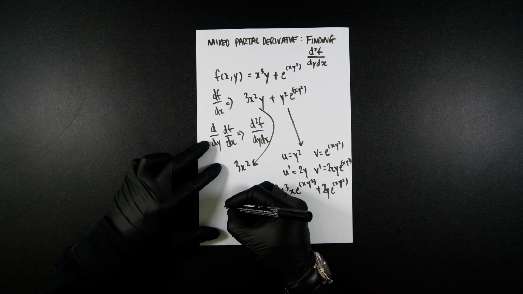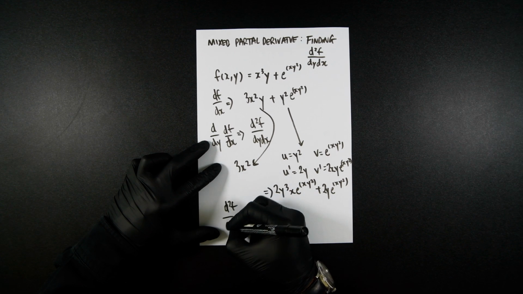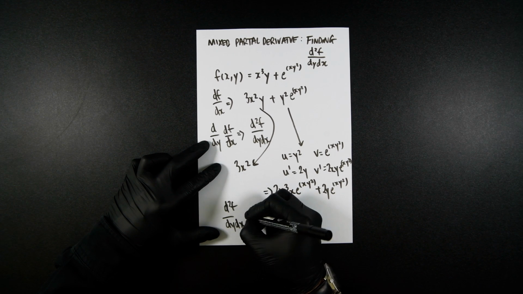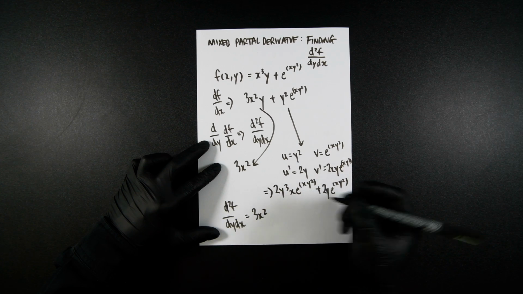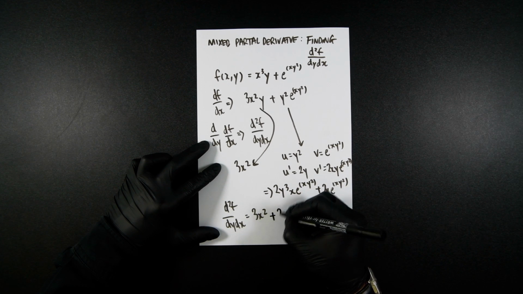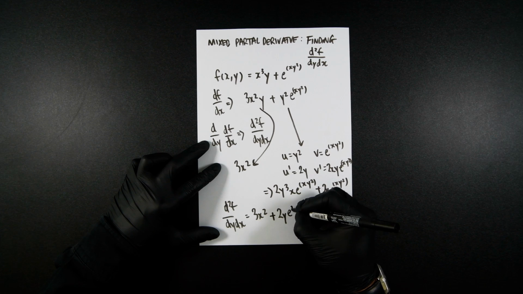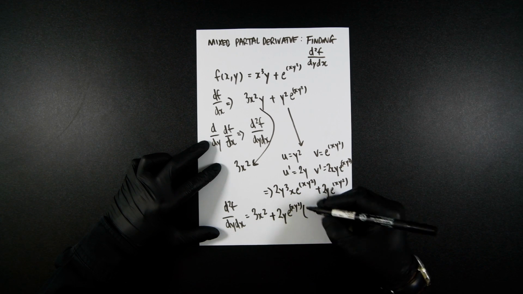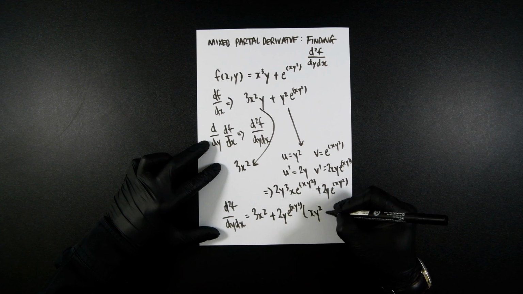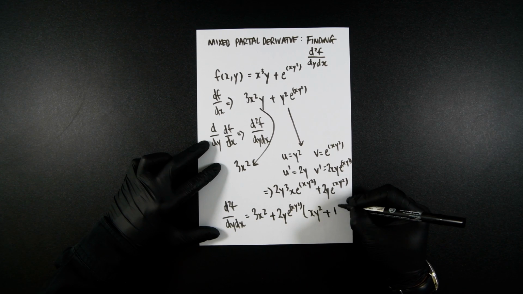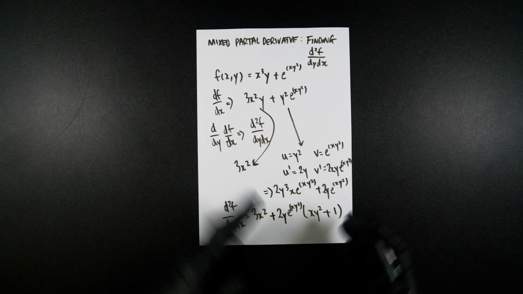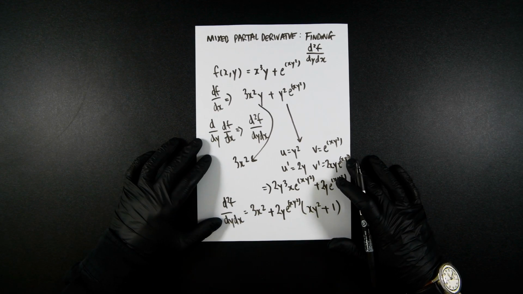So we're now going to get d squared f over dy dx, which is going to be 3x squared plus 2y e to the xy squared, and then I've now factorized this out, xy squared plus 1. So I've cleaned this up by just factorizing out that common part.